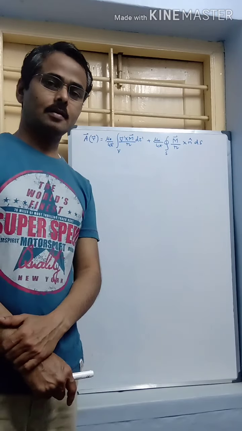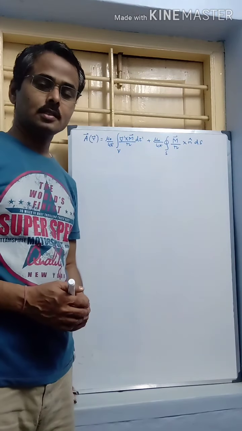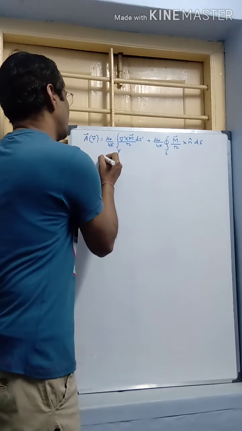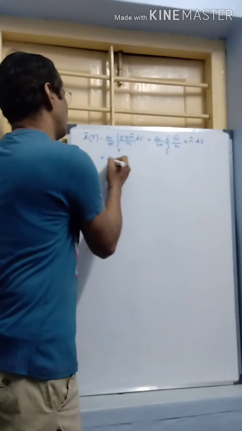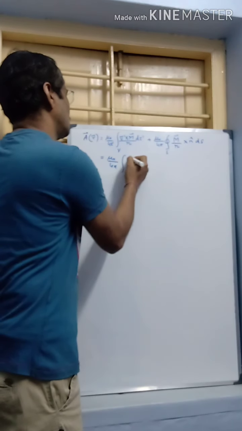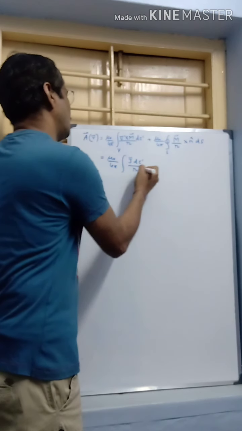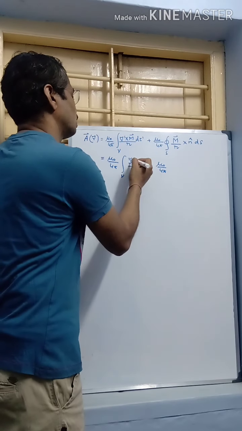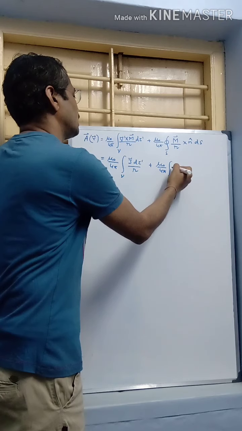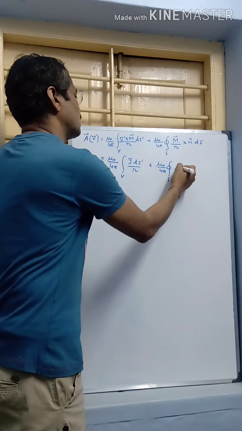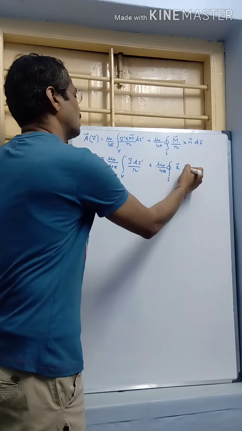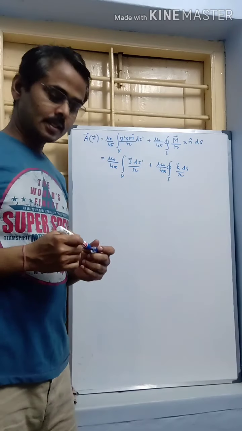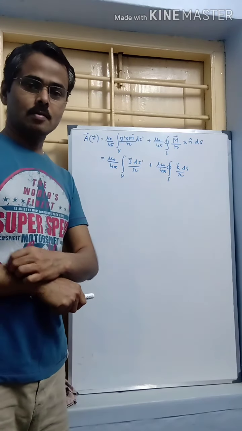So if we compare this with our normal expression of the magnetic vector potential, which is given by mu naught by 4 pi, for volume distribution, the integral of j d tau prime by r, where j of r prime is the volume current density, and for surface current distribution, k ds by r, where k is the surface current density.